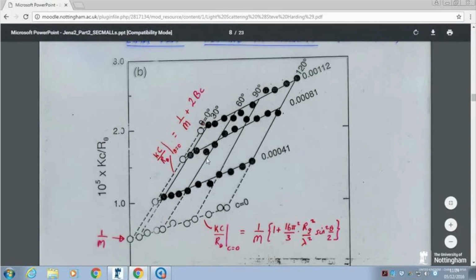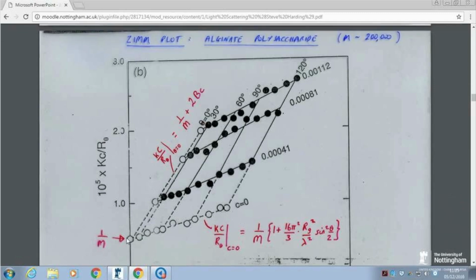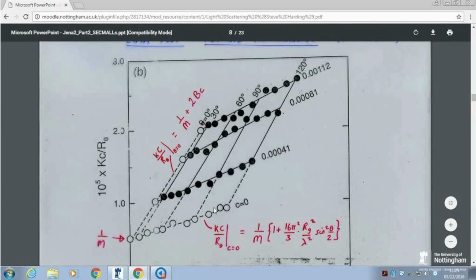So what's the intercept of this line? Intercept is 1 over M. And what's the intercept of this line? 1 over M. Yeah, so you've got a double extrapolation, so you can check to see if things are right. They should both give the same answer.